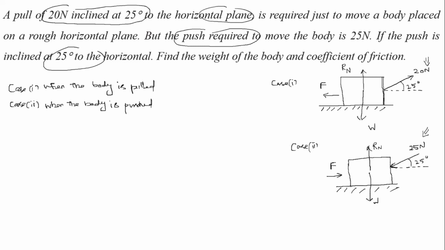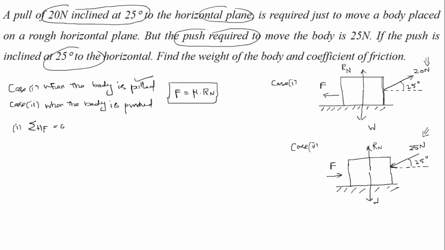Now, solve case 1, when the body is pulled. Resolve the forces along the plane, which means sum of horizontal forces is equal to 0. We know that F is equal to mu into Rn. This is the general formula.